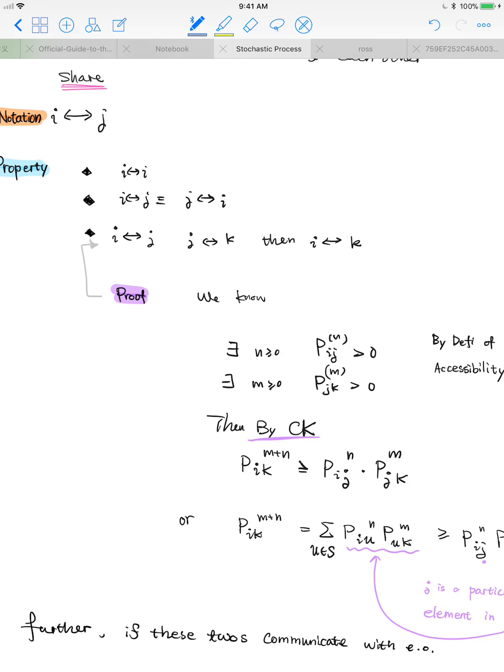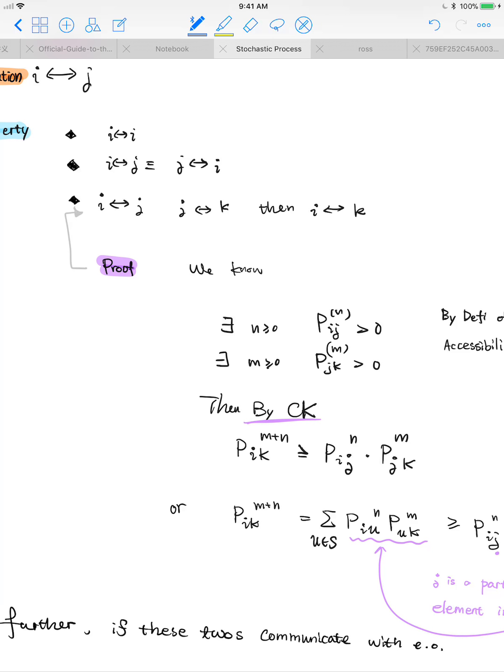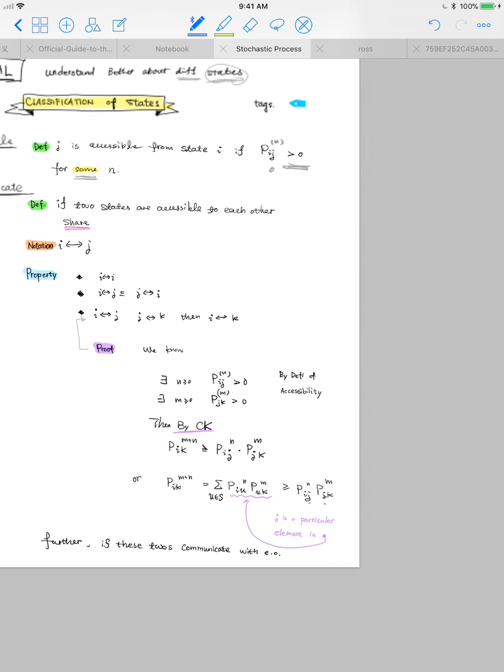Because of the equality, we have I communicates with I. That's trivial. I communicates with J is equivalent to J communicates with I. And just as if A equals B and B equals C, then A equals C, it is the same here. If I communicates with J and J communicates with K, then I communicates with K.